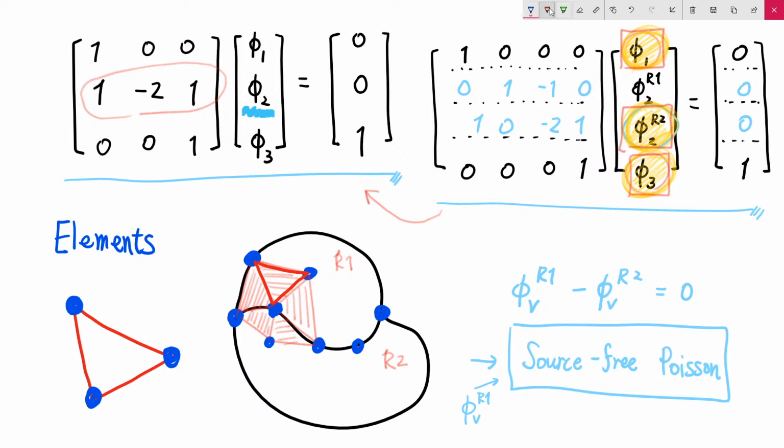Of course, you can easily understand this is just a magnified version of this triangle and this triangle. So now you know it. Then what is the material or what is the region of this triangle element? And the answer will be just R1.